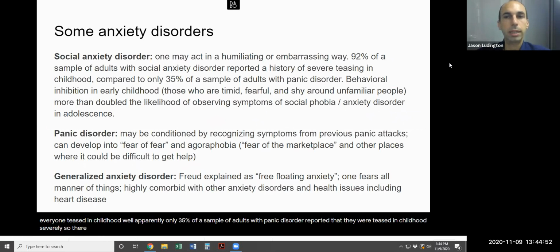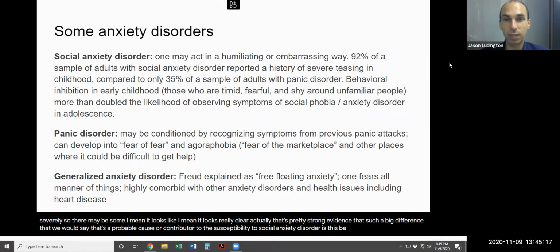It looks really clear, actually. That's pretty strong evidence. That's such a big difference that we would say this being severely teased in childhood is a very highly probable cause or contributor to the susceptibility to social anxiety disorder.